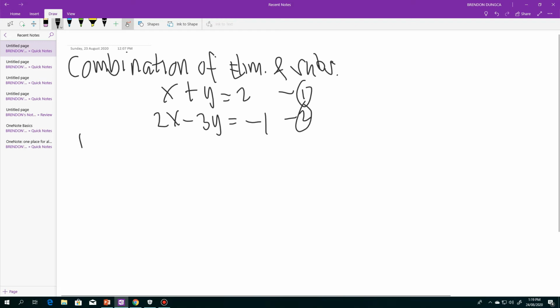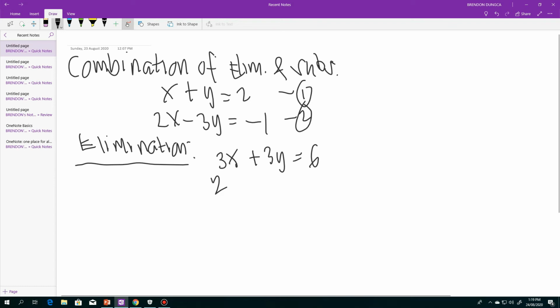First we will use the elimination method. Okay, so in these two equations, we would like to eliminate y. So what are we going to do? We are going to multiply the first equation by 3. So this will give us 3x plus 3y equals 6.